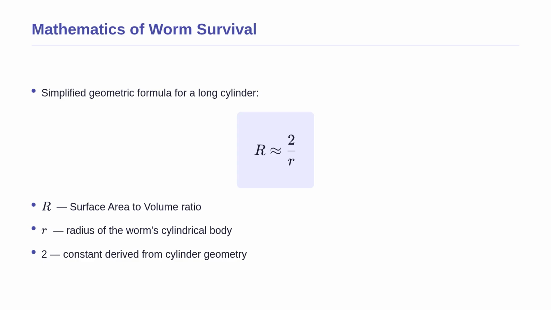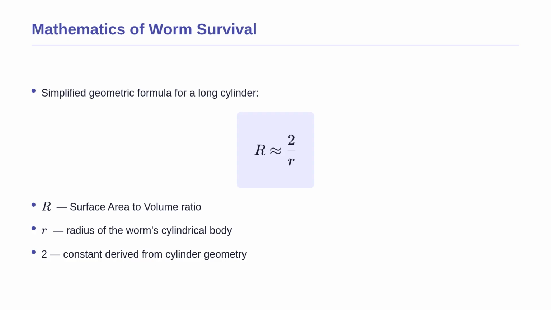This biological limitation brings us to a simple geometric formula that dictates the shape of these animals. We can represent this limitation using a simplified formula for a cylinder. The formula is R is approximately equal to 2 divided by r. In this equation, the symbol R represents the surface area to volume ratio. The symbol r represents the radius of the worm's cylindrical body.